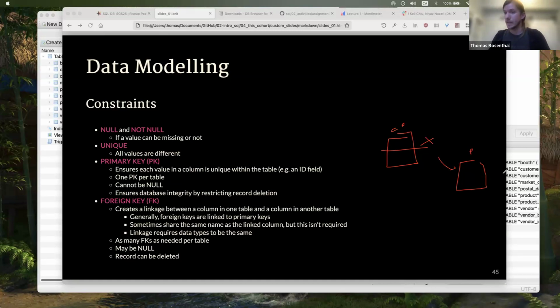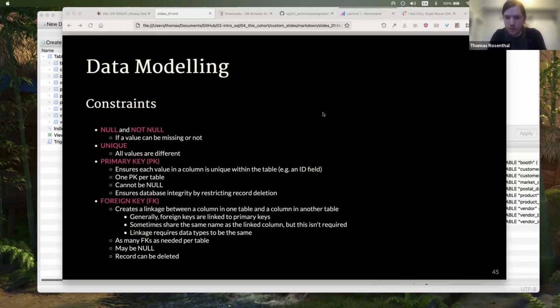Corn still exists as a product. We can't go the other way. We can't say, let's delete the corn because the purchase still exists, right? We'll get into all of it a little bit more, but it's really good to start touching on what primary and foreign keys are.